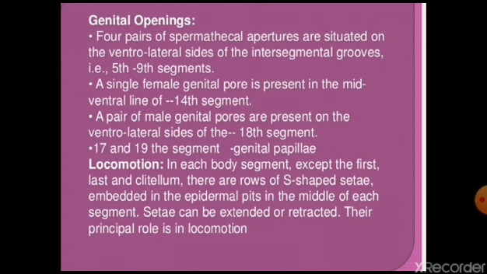A single female genital pore is present in the mid-ventral line of segment 14. A pair of male genital pores are present on the ventrolateral side of the 18th segment. The 17th and 19th segments bear the genital papillae.